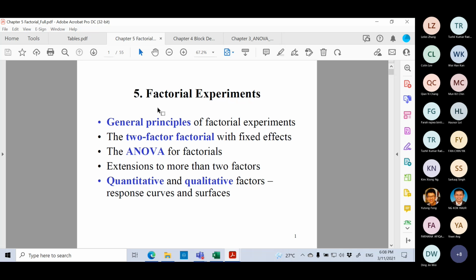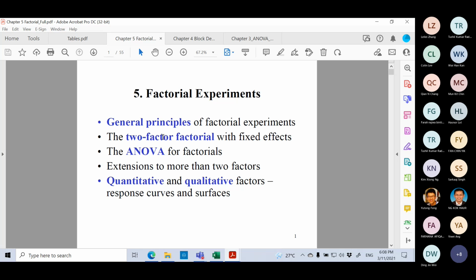From chapter number 5 onward, we concentrate only on the fixed effect model, and we use the analysis of variance to analyze the factorial design. We can extend the idea to more than two factors: three factors, four factors, and so on.